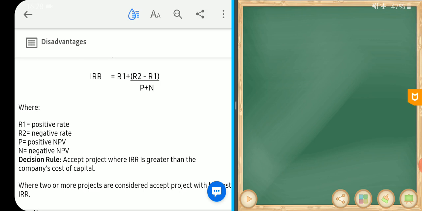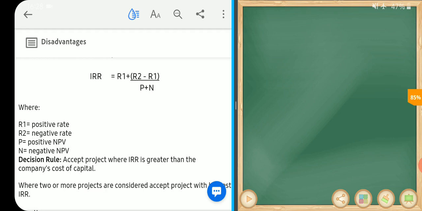You can see from the formula we have positive NPV and negative NPV. If you use the 10% and you got a positive figure, you are going to look for another discount rate, that is another cost of capital, that you will use to solve that same question, but that will give you a negative NPV.